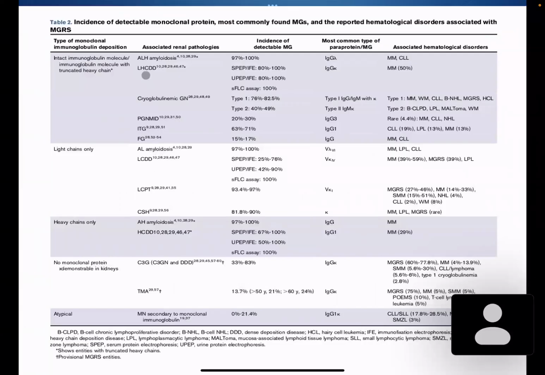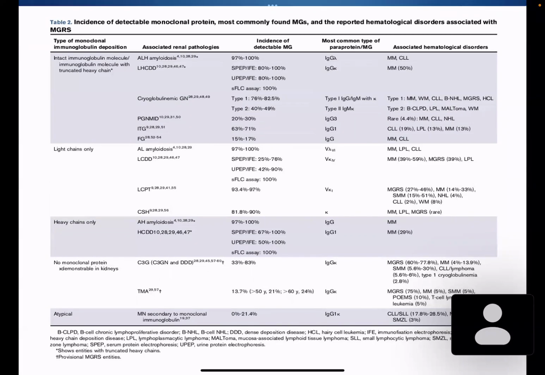And these are the types of the monoclonal protein that can be found in the monoclonal gammopathies, and what they can do in the renal pathology in different types, and how you can detect them by different techniques like serum protein or urinary protein electrophoresis. And the most common type, if you do an immunofixation, what type of globulin or the fractionation of the IgG globulin, and the type of the chains that is associated, and what type of hematological disorder can be there, or can progress to, if it is not only MGRS or MGUS.